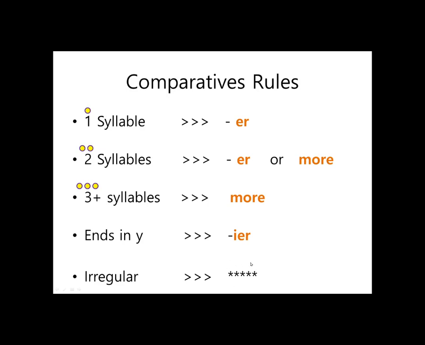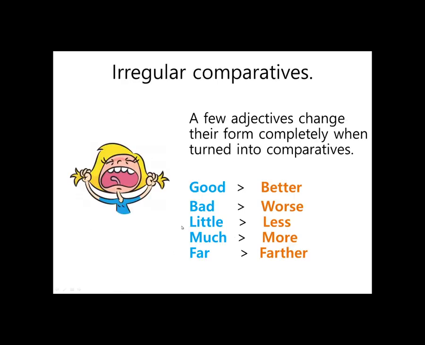So these are special. We will start with these first. We won't be practicing sentences with them, but just to cover them quickly so you are aware of irregular adjectives. Okay, so with these words, good changes to better, bad changes to worse, little changes to less, much changes to more, and far changes to farther.